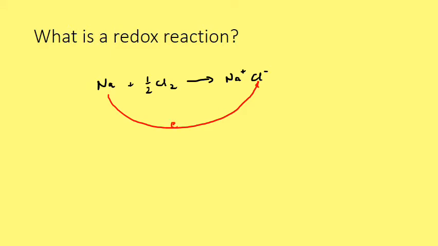That electron that was in the outer shell of the sodium atom has been transferred to the chlorine atom to make it a chloride ion. So chlorine is the oxidizing agent because it's accepted an electron and has been reduced, whereas sodium is the reducing agent. It has donated an electron and has been oxidized itself.